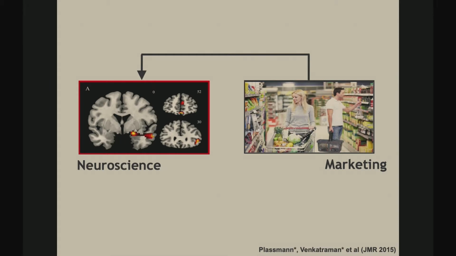In other words, it was basically people in neuroscience trying to take interesting marketing phenomena and elucidate the underlying neural mechanisms. These were things like neural correlates of willingness to pay, of liking, of attractiveness, a whole bunch of things like that. That was a lot of the emphasis.